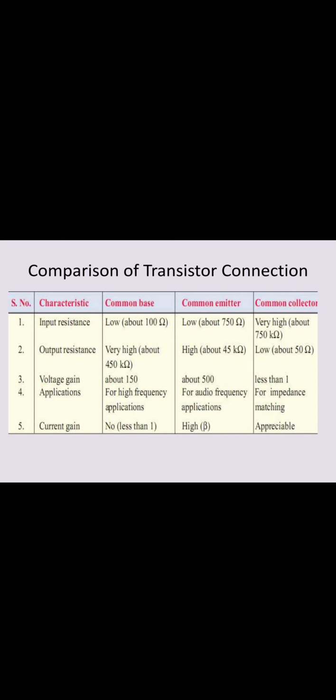In output resistance, the common base has a very high value, that is 450 kilo ohms, which decreases in the common emitter, but still in the higher range, that is 45 kilo ohms, which decreases rapidly in the common collector to a very low range, that is 50 ohms.